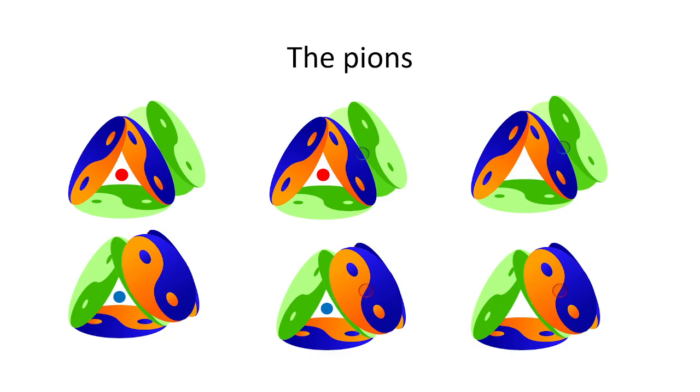If you put two charges, you have a pi 0. The first one was pi plus, and the last one is the pi minus. And the second line is a symmetrical pion.